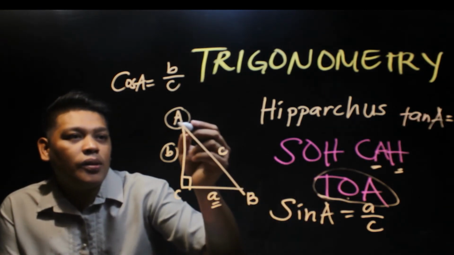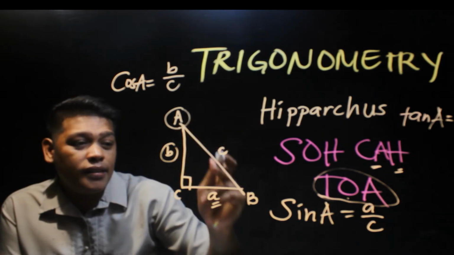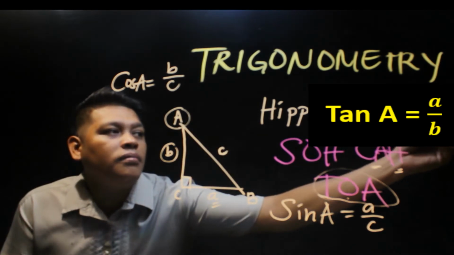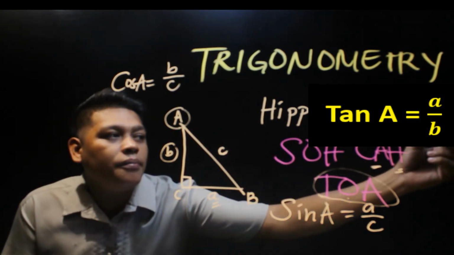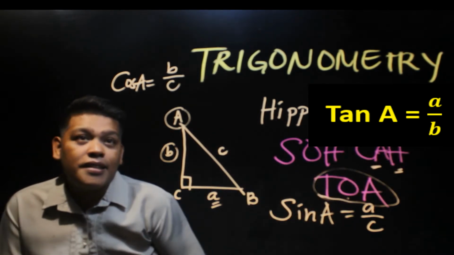The opposite of angle A is A over the adjacent B. So that is the tangent A.